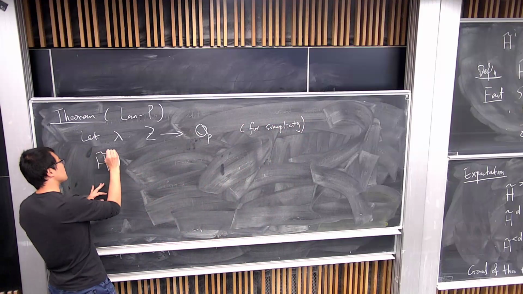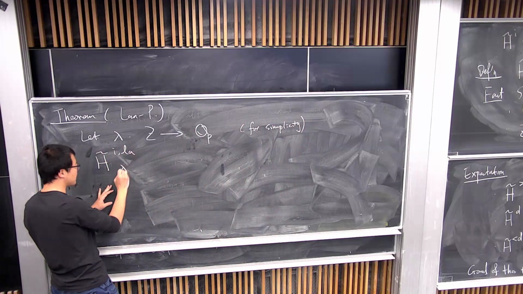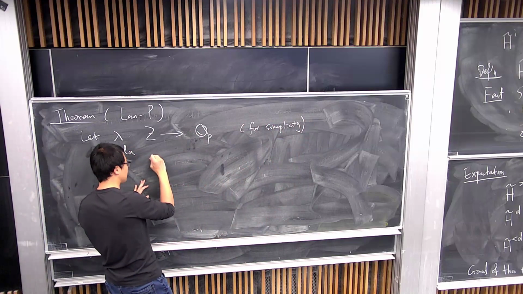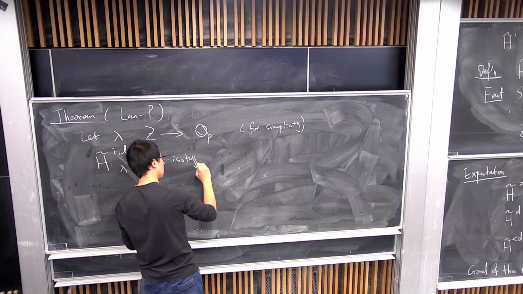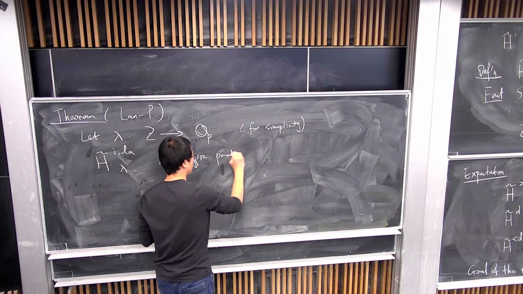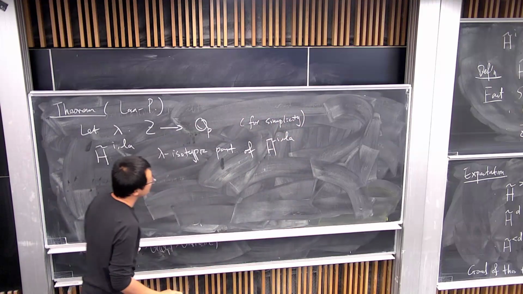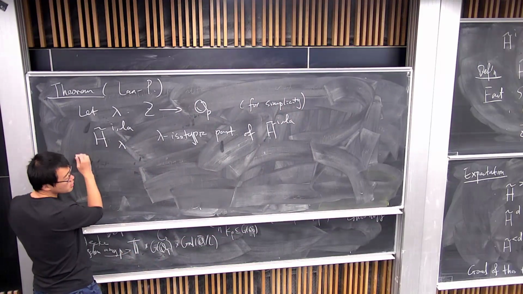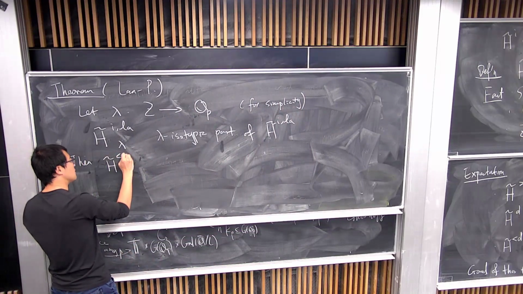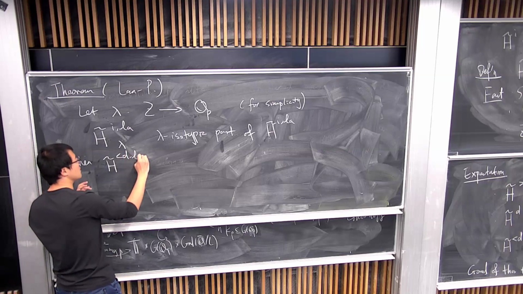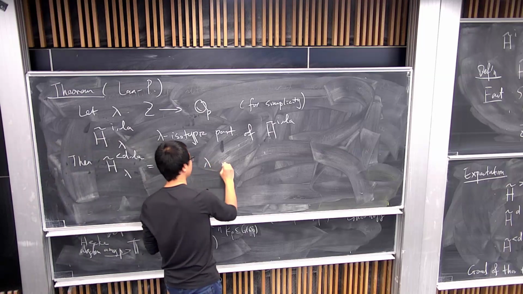So I would use the notation H^{δ_i}_{LA, λ} to be the lambda-isotypic part of H^{δ_i}_{LA}. So the main theorem is that this is 0 below the middle degree if lambda is sufficiently regular.